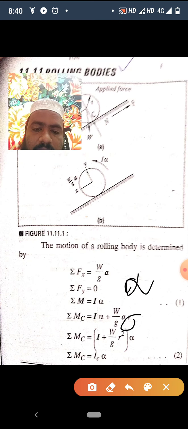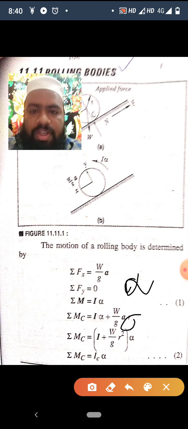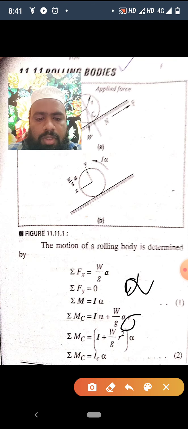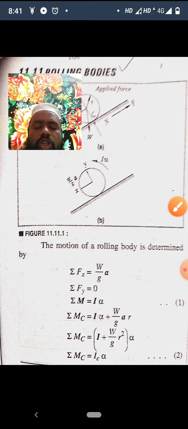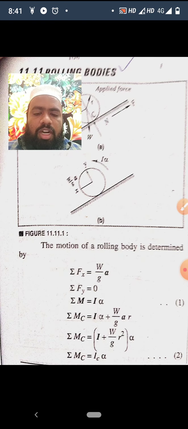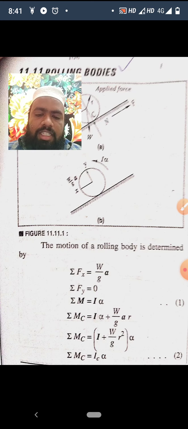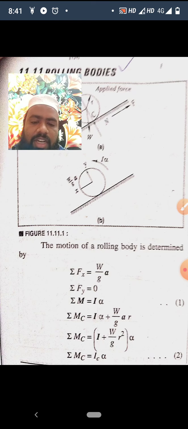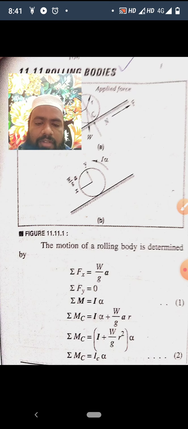Actually a print mistake has happened, that is alpha, so alpha is taken out. So now substitute the linear plus rotary combinations, I plus W by G into R square. The algebraic sum of the moments is equal to IC alpha, the moment of inertia about point C, into alpha.